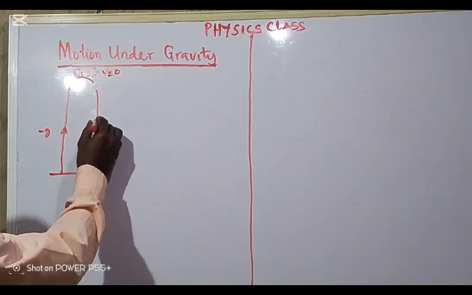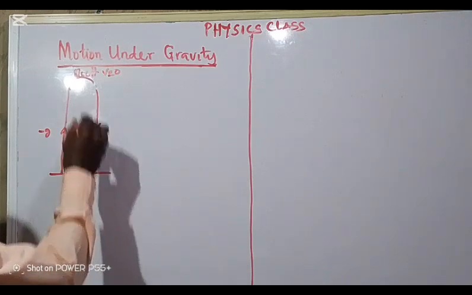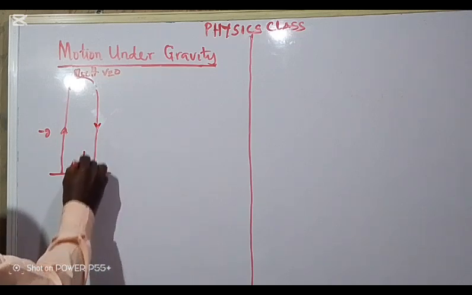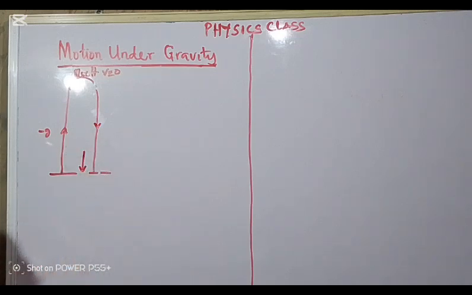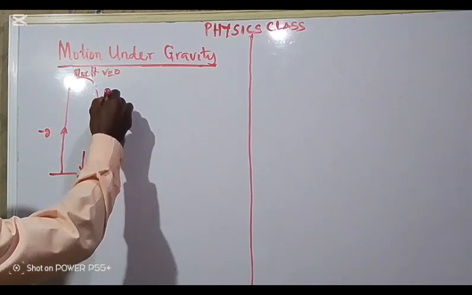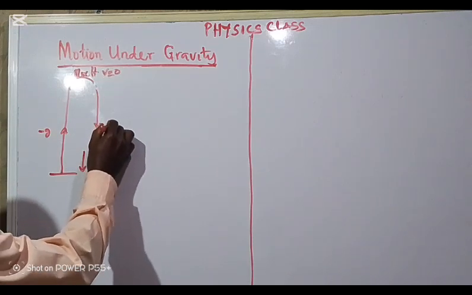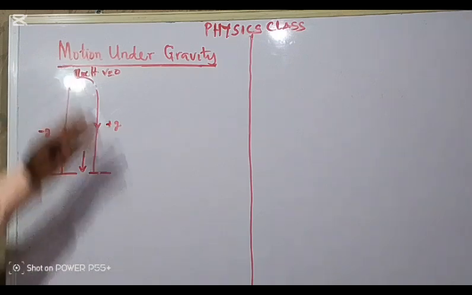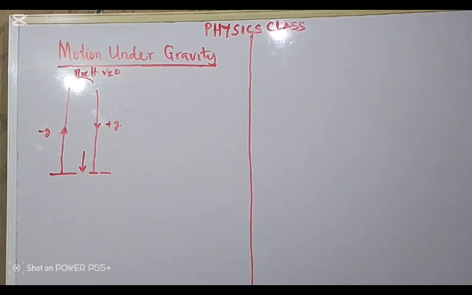On coming down, the same object faces the direction of the acceleration due to gravity, g, so the velocity is increasing. Therefore, we have positive acceleration due to gravity. We now use this to derive the equations of an object under gravity.